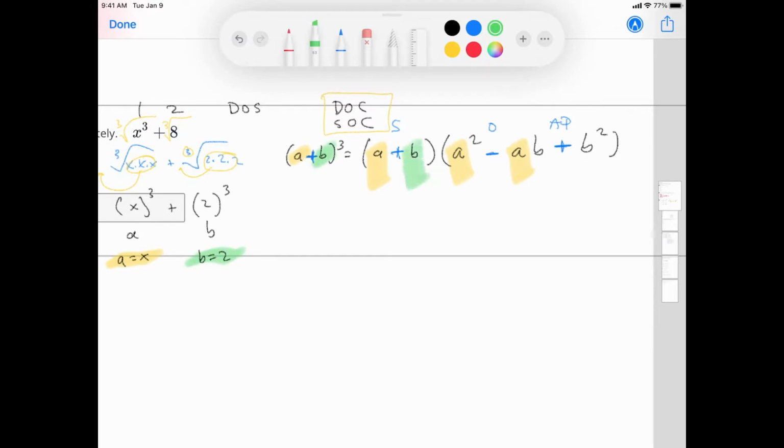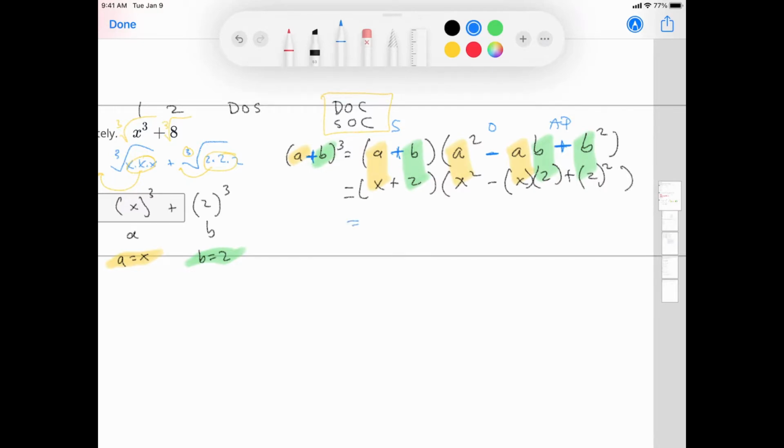So every b value we're going to put in as 2 here, to the right side of the equal sign. So this will be x plus 2, and use parentheses if you need it. This will be x squared minus a is x, b is 2, and your b value is 2.